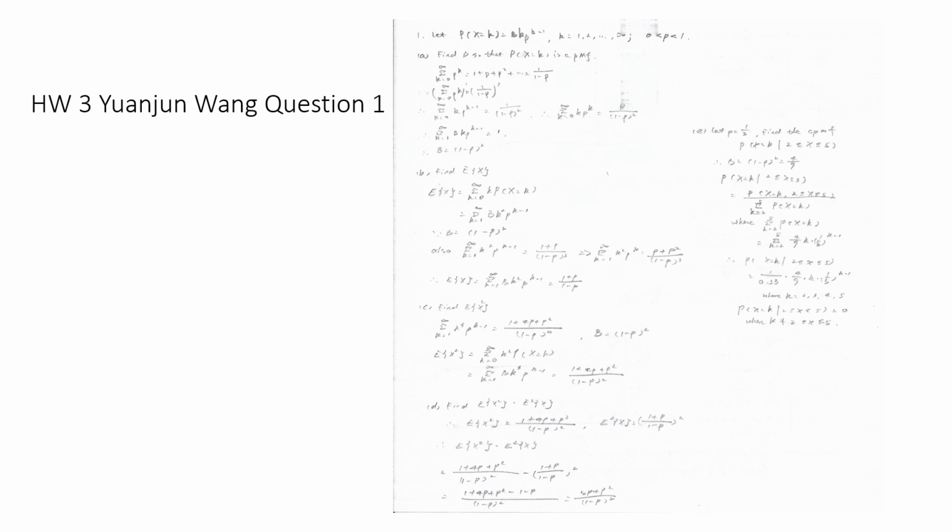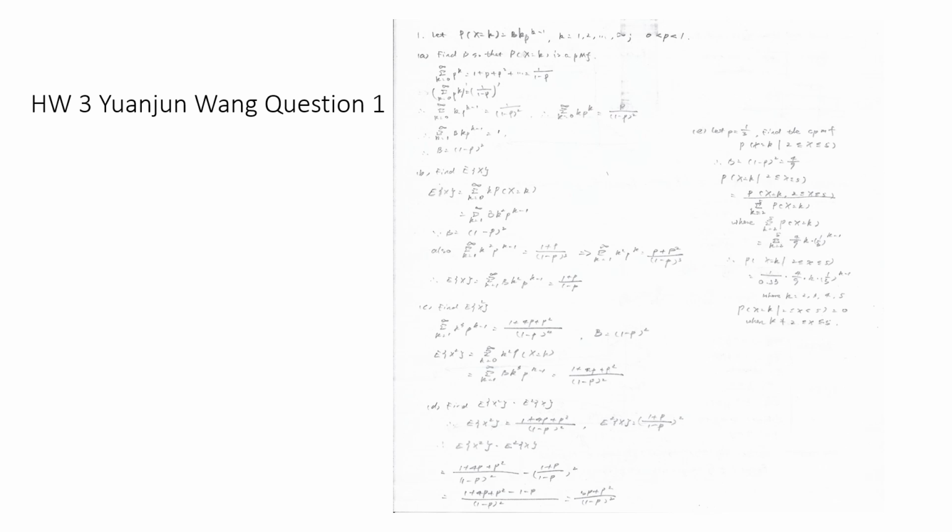So E, the question tells us that p is equal to 1/3, and we are trying to find the conditional probability mass function of X given X from 2 to 5. So we know b is going to be equal to 1 minus p squared, which gives us the answer 4/9.